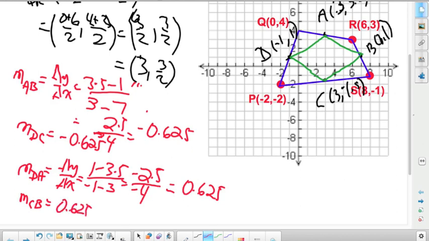Okay? So then you prove that the 2 pairs of opposite sides are parallel. That's actually how you prove it's a parallelogram.